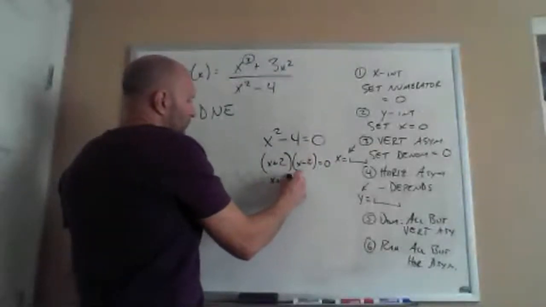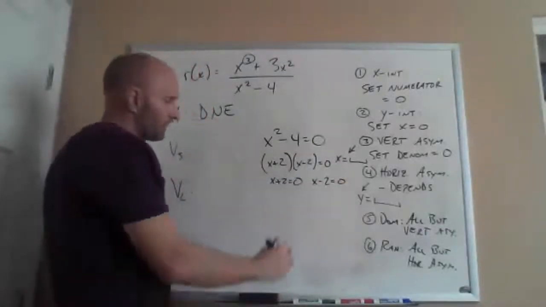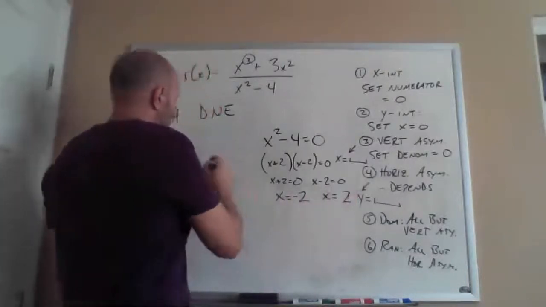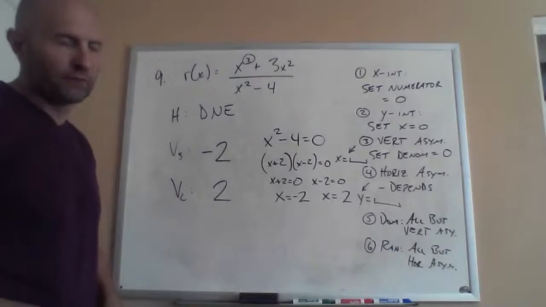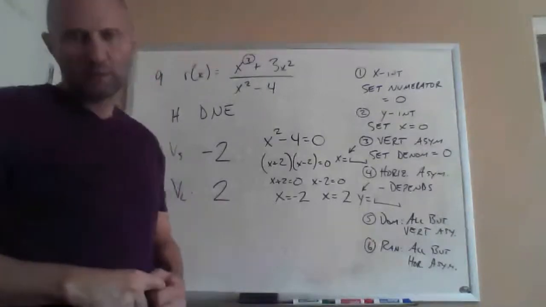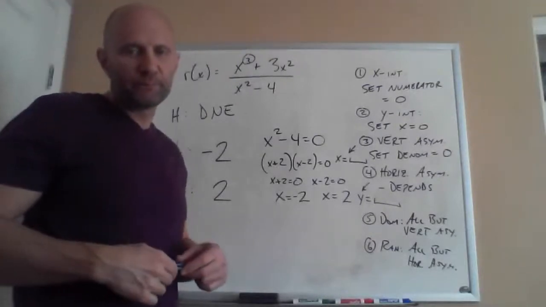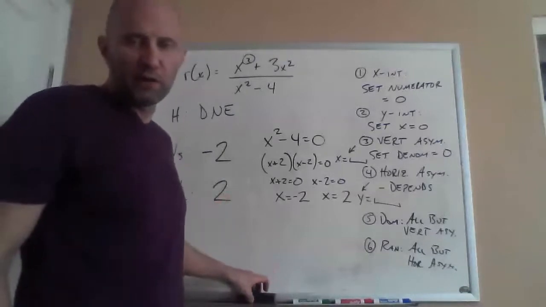So x plus 2 is 0, x minus 2 is 0. So x equals negative 2, x equals positive 2. So the smaller value is negative 2. The larger value is positive 2. So does that make sense to everybody? Any questions on that before we move on to number 10?